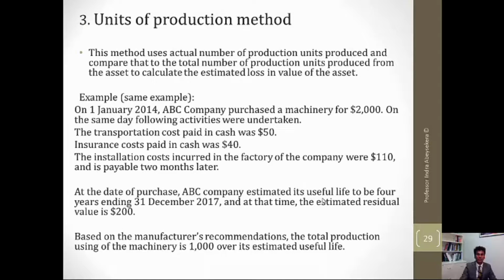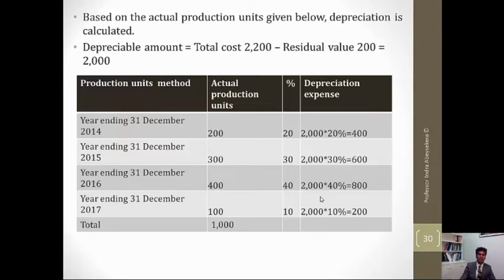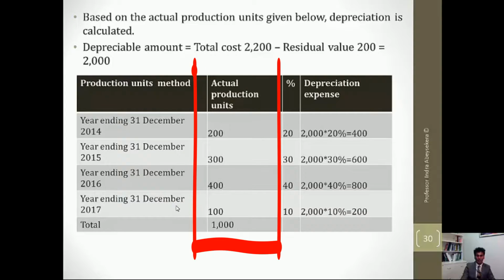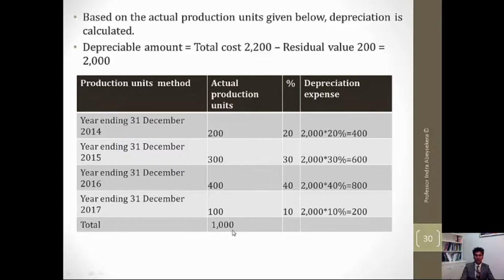Let's look at units of production. Let's assume that the actual number of units produced are as follows for the 4 years, and the total capacity that the asset can produce is 1000 units. Out of this 1000, 200 was produced in the first year, so that means 20% of the capacity was produced, and we apply that to the depreciable value of the asset, just like in the straight line method, 400.